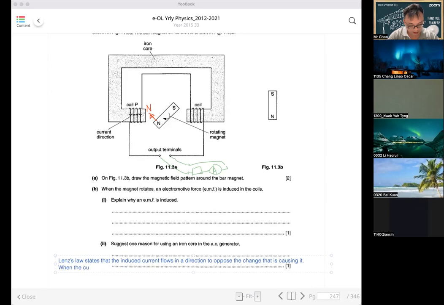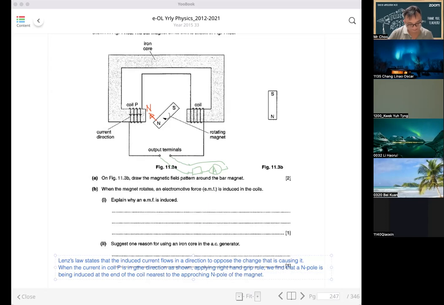So when the current in coil P is in the direction as shown, applying the right hand grip rule, we find that a north pole is being induced at the end of the coil nearest to the approaching north pole of the magnet.